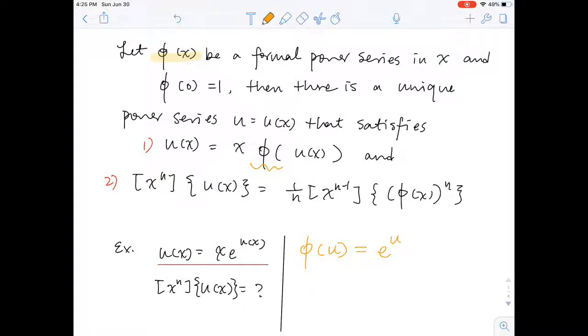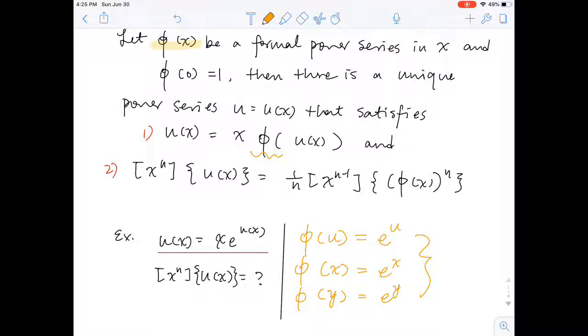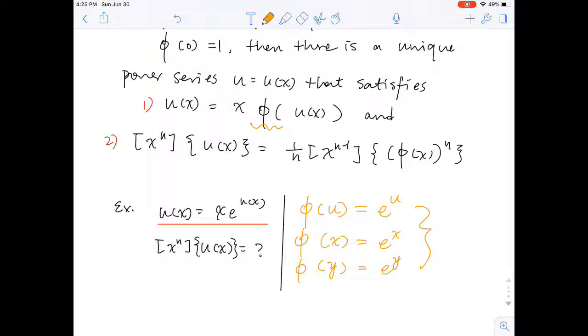Note that here I'm using the variable u instead of x. But essentially, no matter what variable I use, say it's x or it's y, these three things I wrote here describe the same function. So the choice of variable is actually very arbitrary.